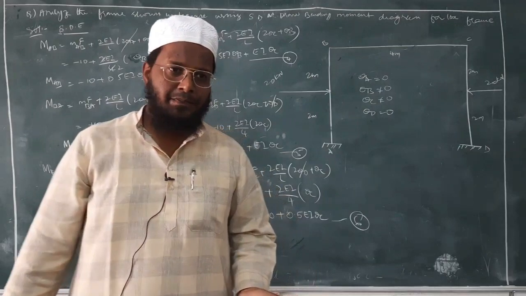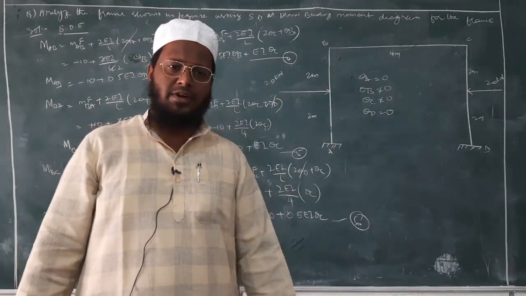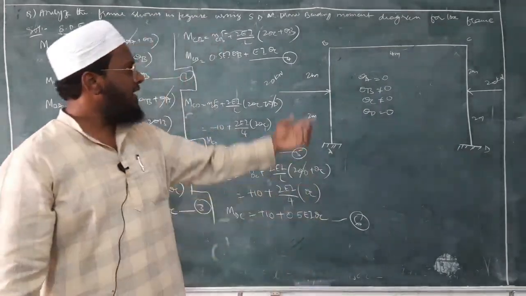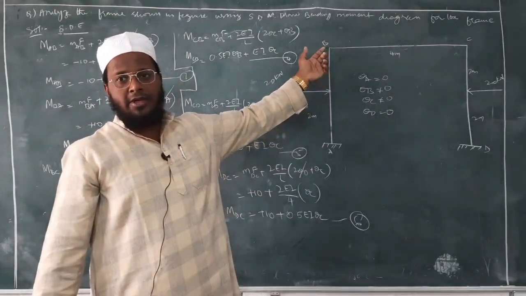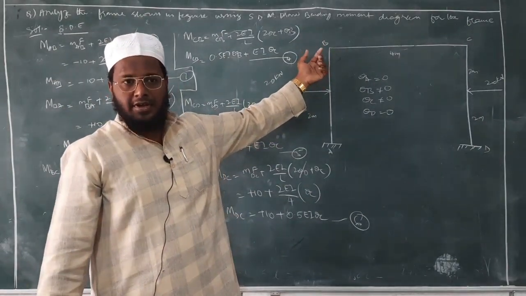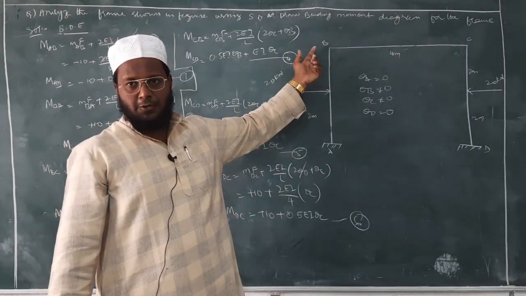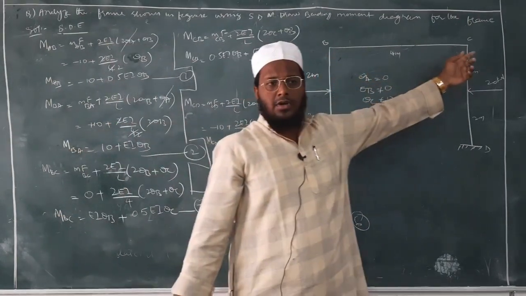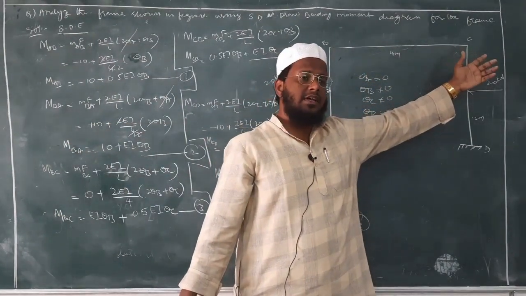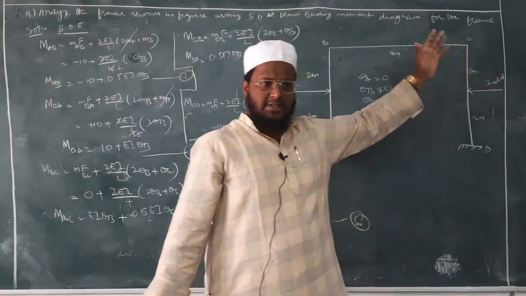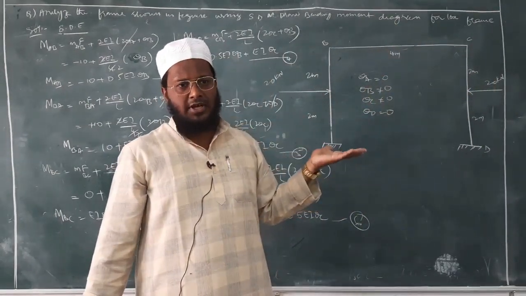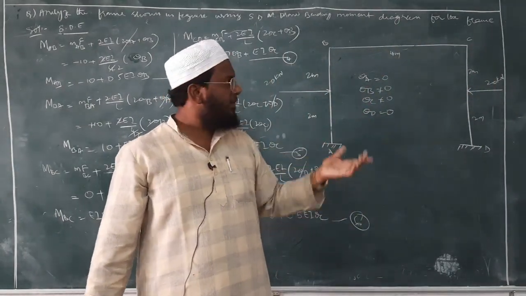Now we'll go for the equilibrium condition. What are the equilibrium conditions we have? See here at this joint, moment will be 0. This is a rigid joint. Rigid joint is the same as your simple support. This is also a rigid joint. Rigid joint is also like a simple support, that is your hinge support or simple support. Both are almost one and the same, isn't it?